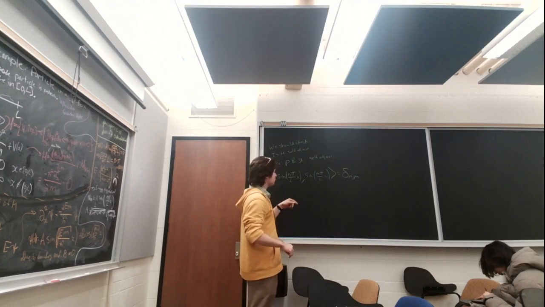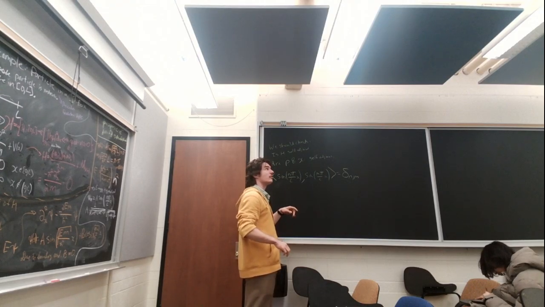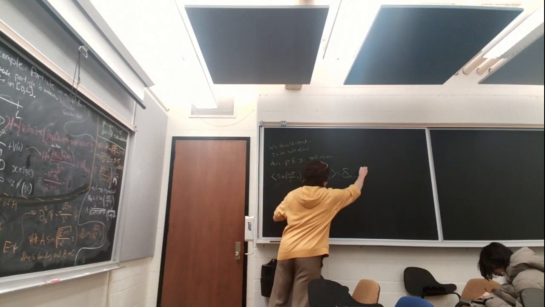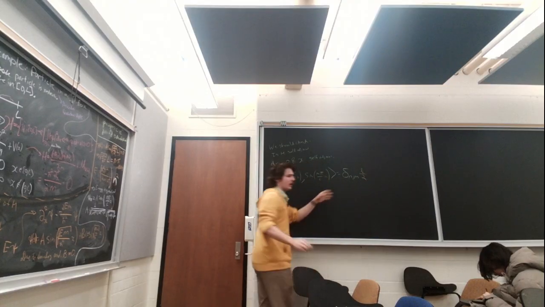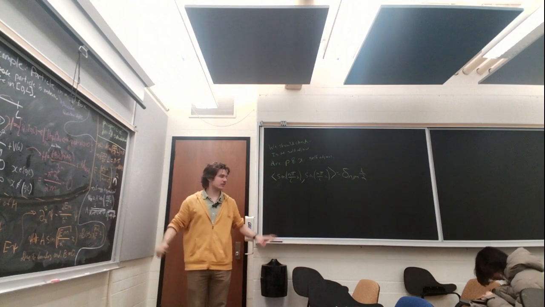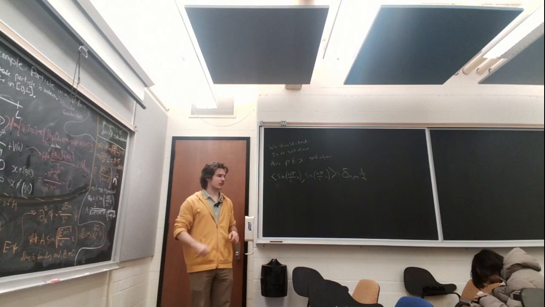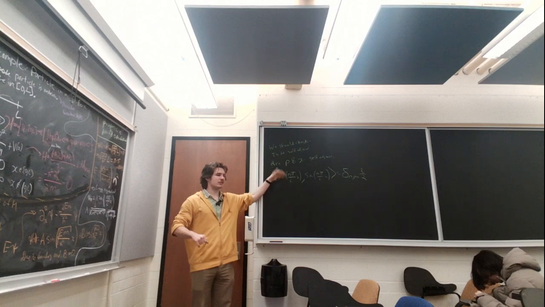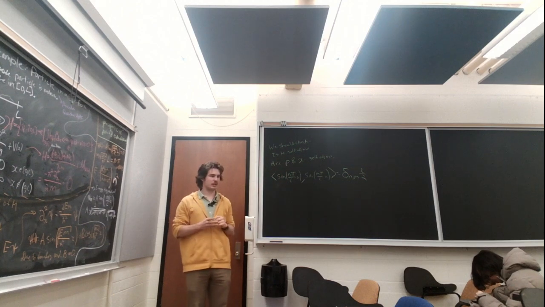And actually, there should be some normalization factor of L over 2, because sine itself is not normalized. But yeah, these form an orthogonal basis, not normal. You can normalize them, but no one cares.